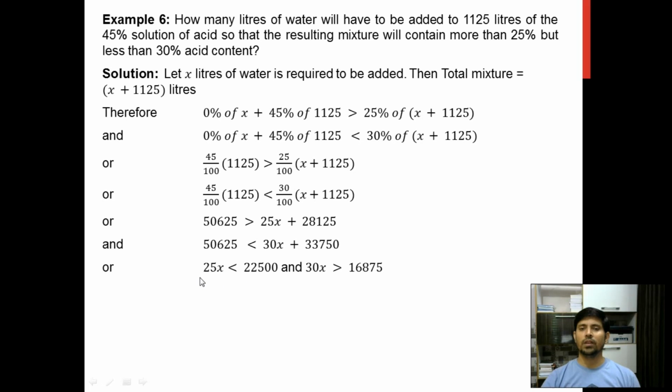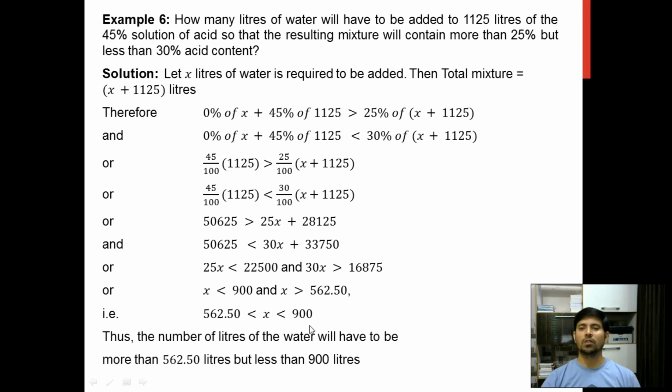In this one we will divide both sides by 25, and here we will divide both sides by 30, and we got that x is less than 900 and x is greater than 562.50. It means the value of x is lying between 562.50 and 900. So we can say that the water added should be greater than 562.50 liters but less than 900 liters.